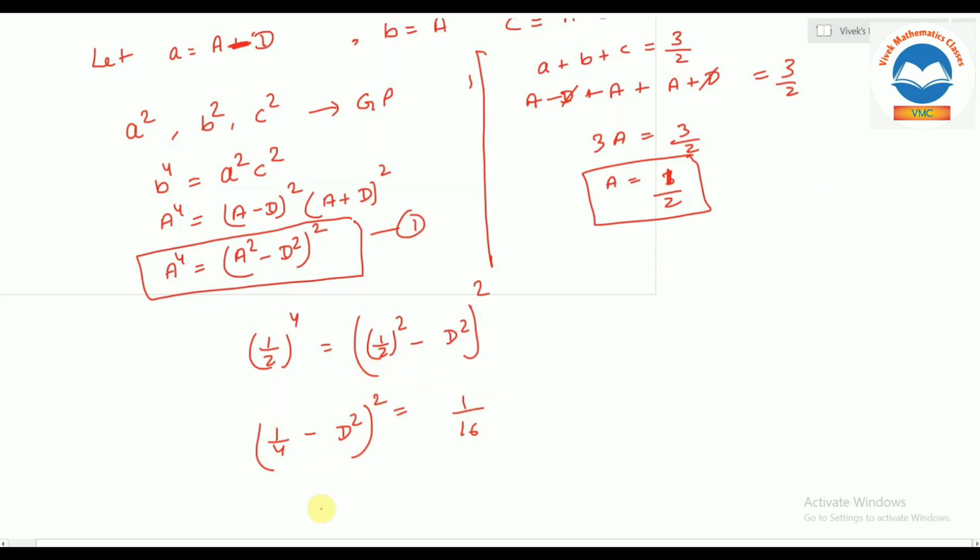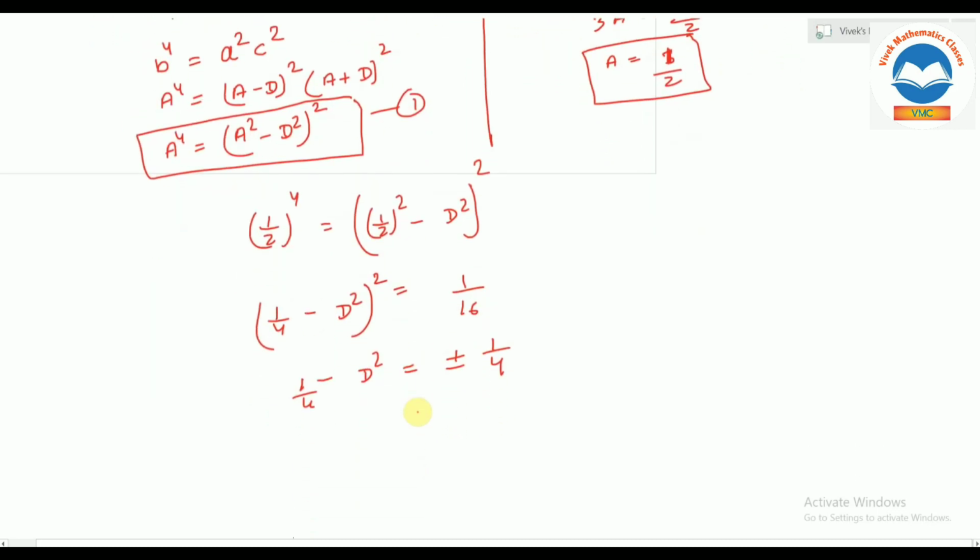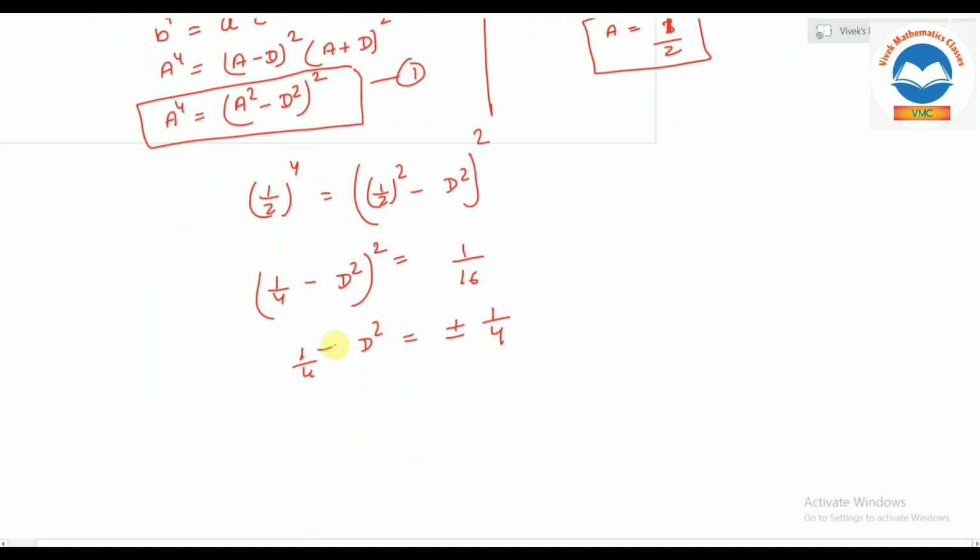So if you take a square root, you will get 1 by 4 minus D square will be plus minus 1 by 4. So from here we will find D square value. So D square will be equal to 1 by 4 and this side will become plus minus 1 by 4.